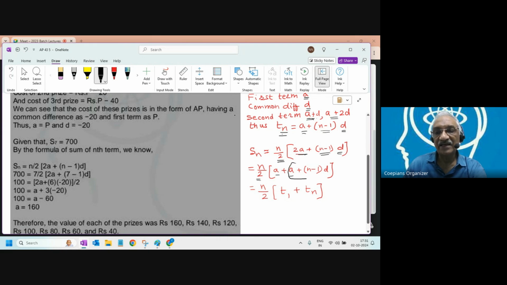Once I split that, the second term becomes tn, the last term, the nth term. So the formula becomes n by 2 into first plus last. Depending on the scenario, you can use either form of this formula.